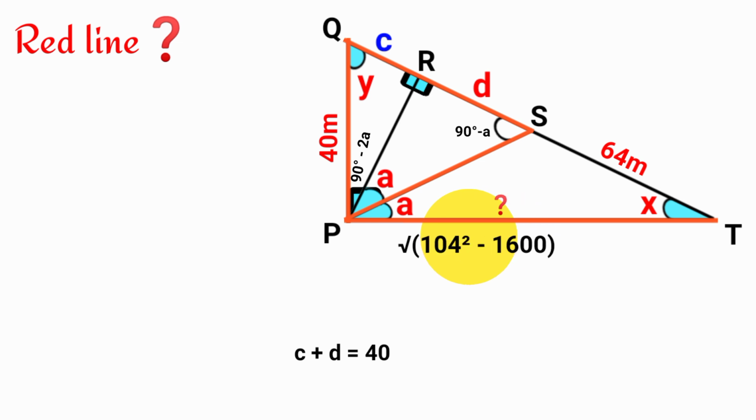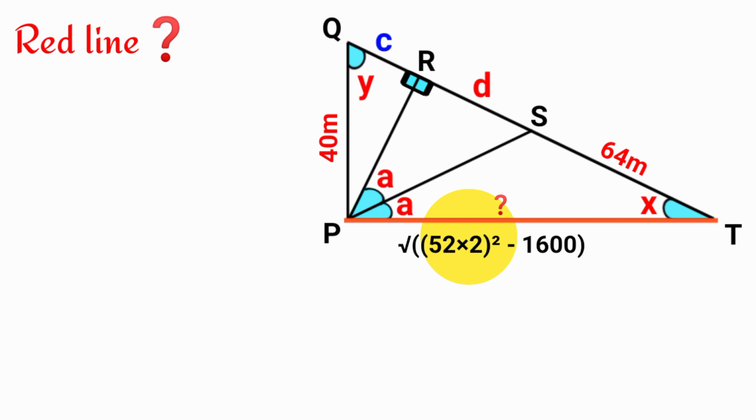64 plus 40 is 104. 104 is 52 times 2. And 52 is 26 times 2. 2 times 2 is 4. 26 is 13 times 2. 2 times 4 is 8. 13 times 8 all squared is 13 squared times 8 squared. 13 squared is 13 times 13, which is 169. 8 squared is 8 times 8, which is 64. 169 times 64 is 10,816. 10,816 minus 1,600 is 9,216.